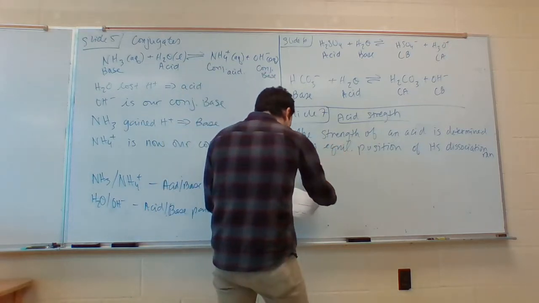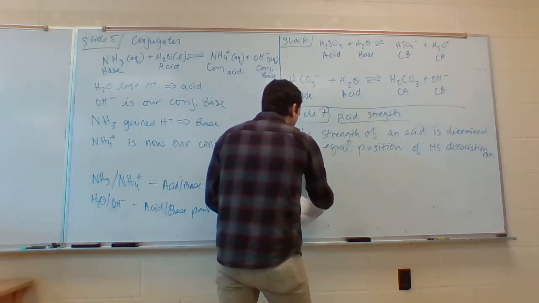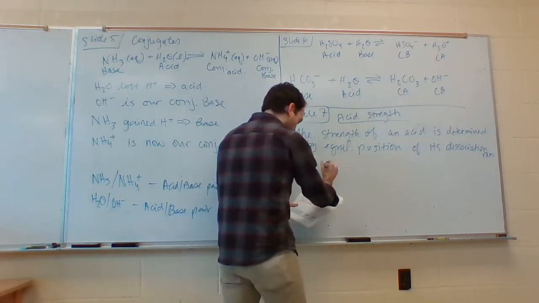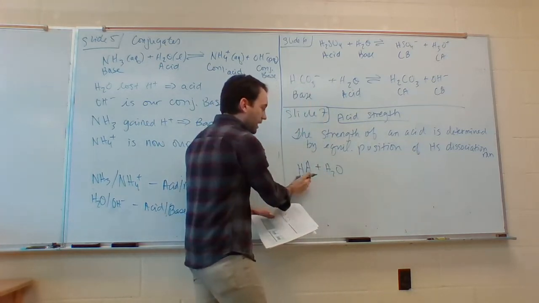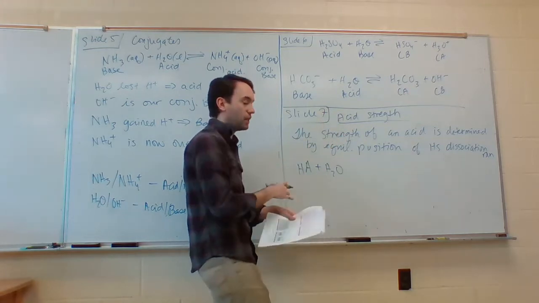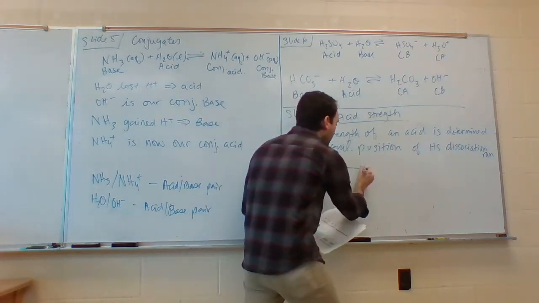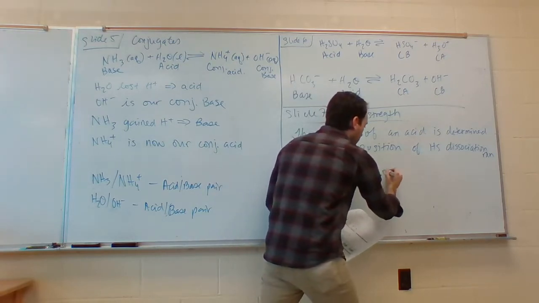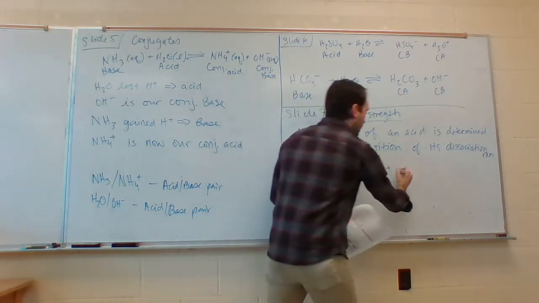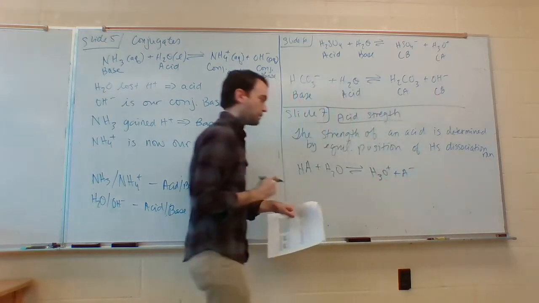So for instance, if we had some acid HA and we added it to H2O, this HA is going to be dissociating into its ions. So this would become H3O plus and A minus.